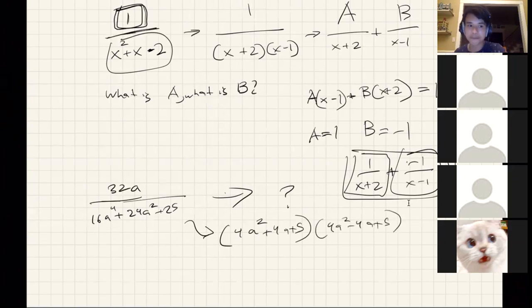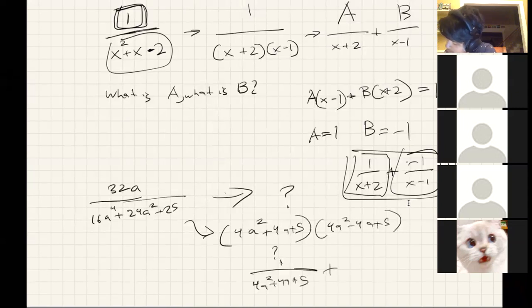From there, to do a partial fraction decomposition of this summand, we put some unknown over 4a squared plus 4a plus 5, plus another unknown over 4a squared minus 4a plus 5.